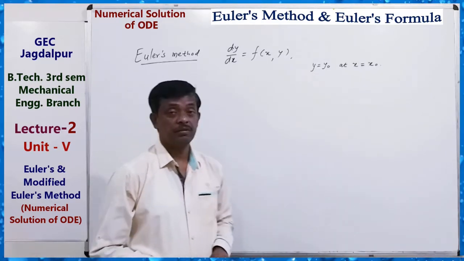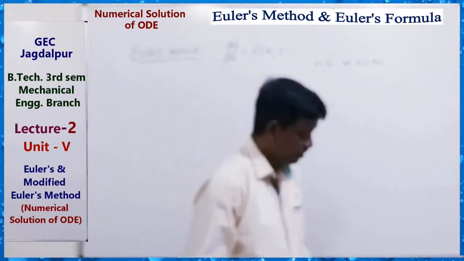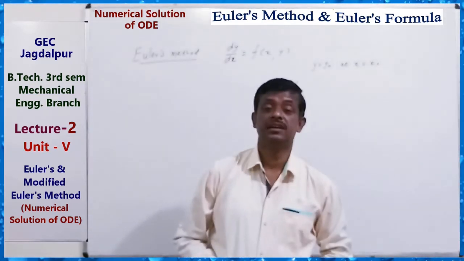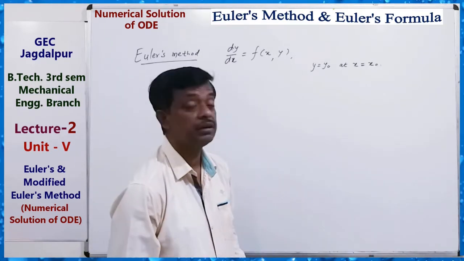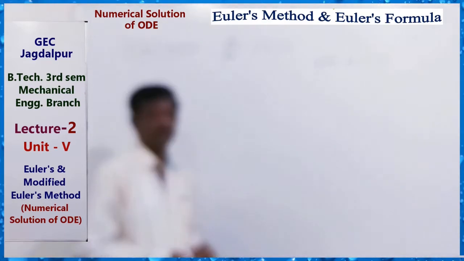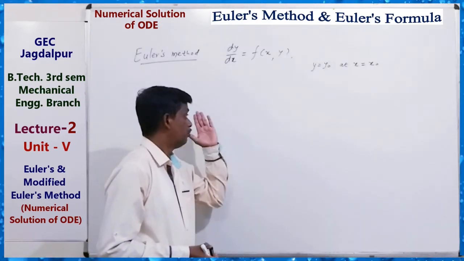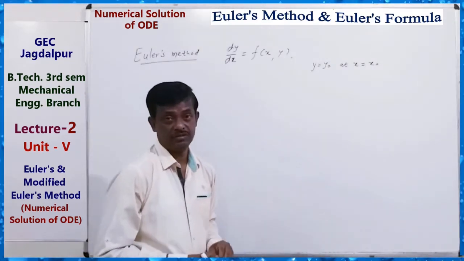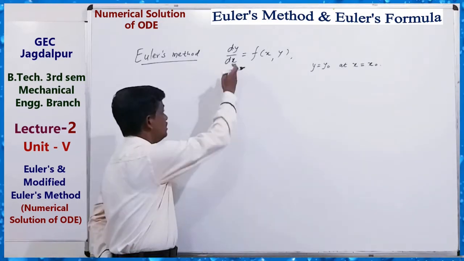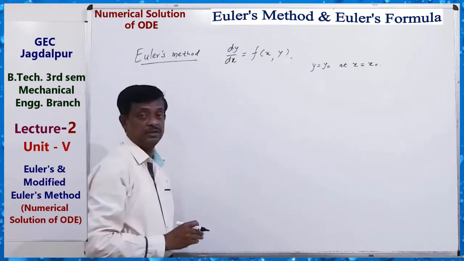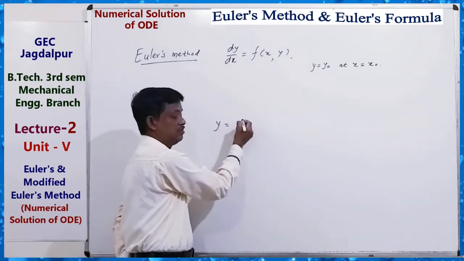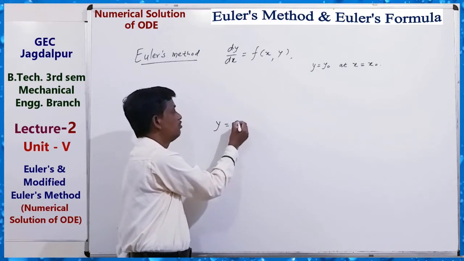For the formula of Euler's method, we use the tangent at a point on the curve. Generally, its solution is a relation where y is some function.